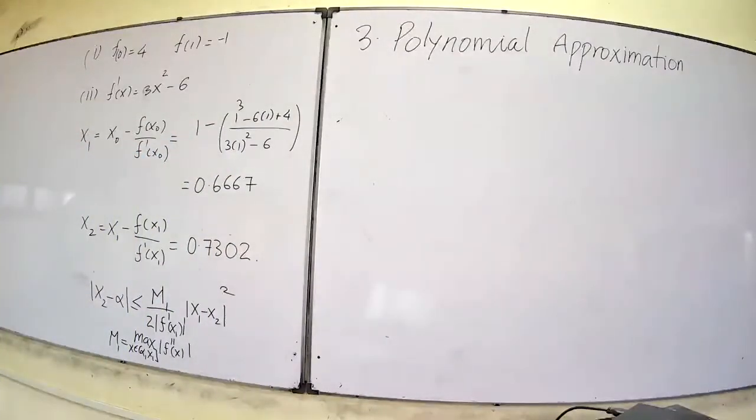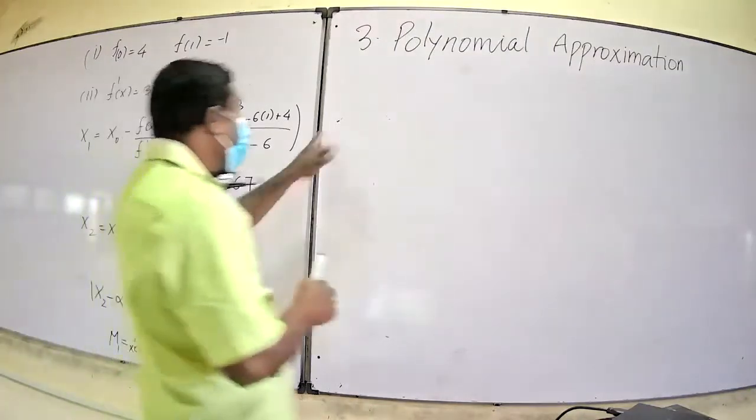So here, given a function f on an interval a comma b, we are going to approximate it with a polynomial, right? In particular, we find a polynomial that agrees with the function at certain places, right? So this is what we are going to do.